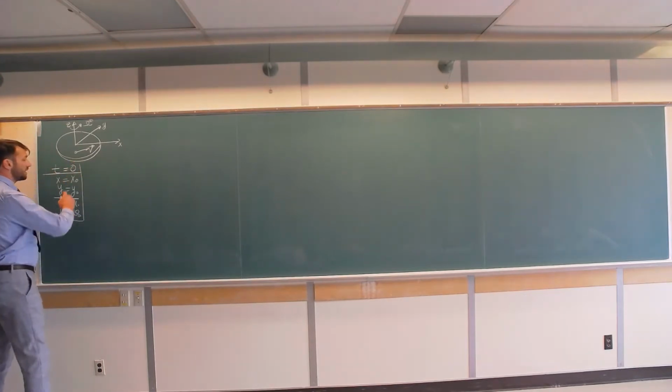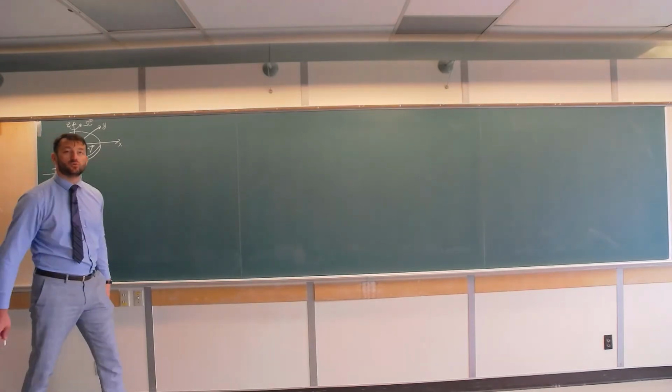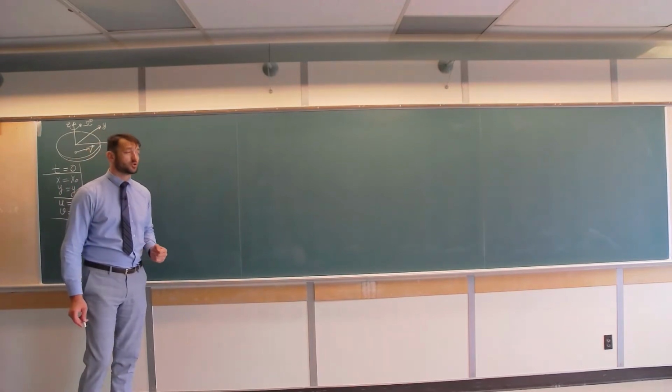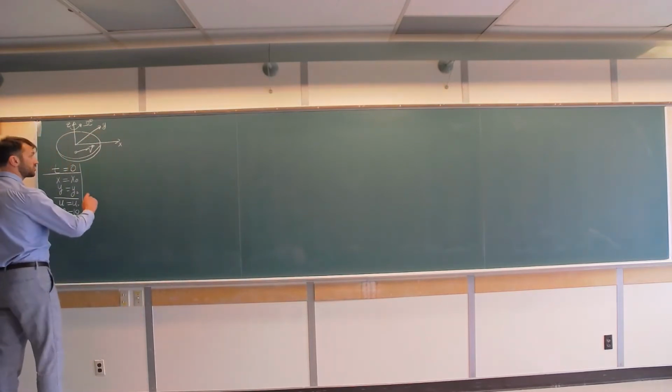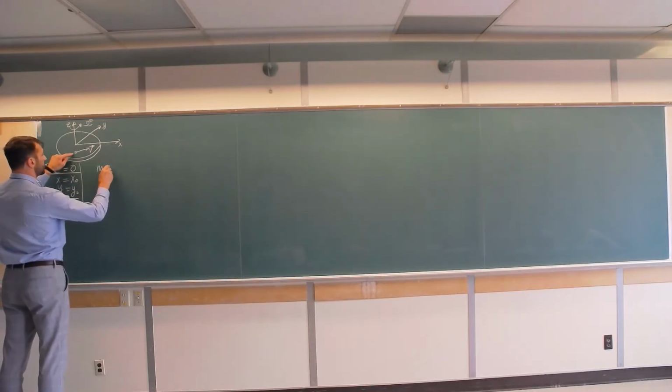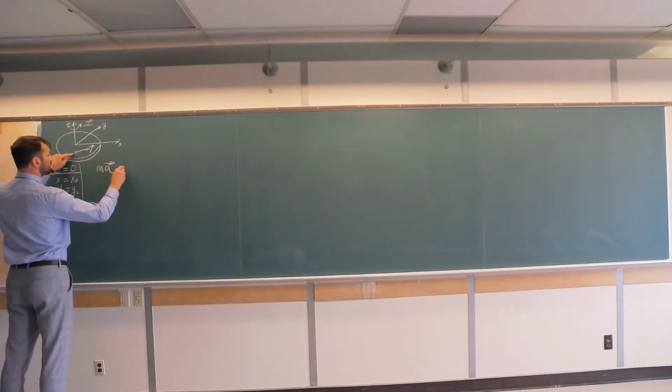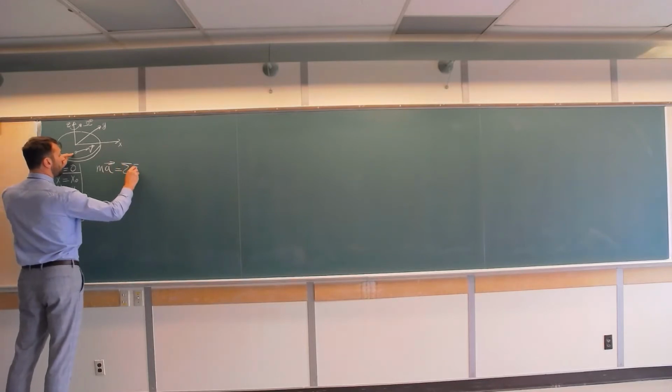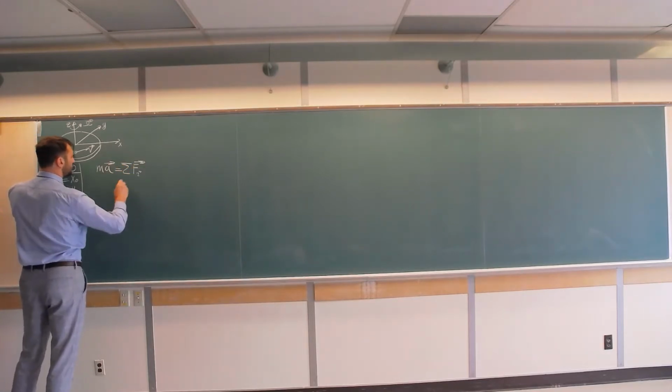So how do we attack this problem? Well, as always, we write Newton's second law. Newton's second law says that mass times acceleration of this particle is the sum of all forces that are acting on this particle.